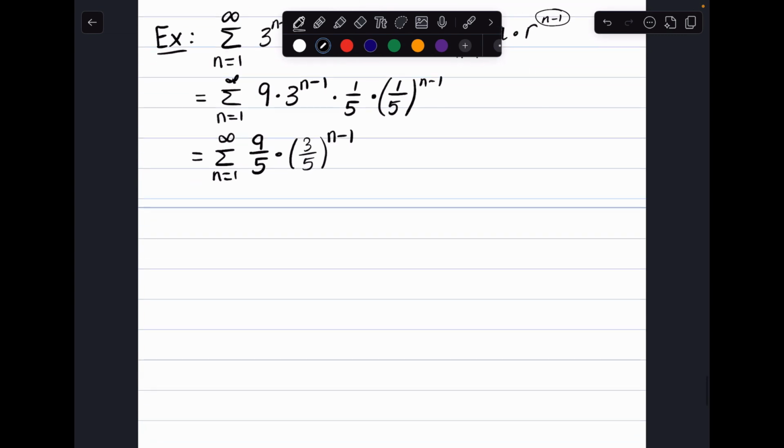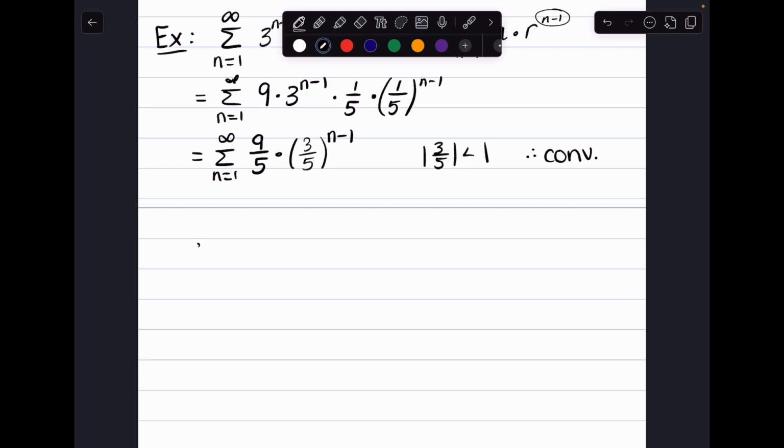Now at this point, I can identify that my a is 9/5 and my r is 3/5. 3/5 for sure is within the required bounds to be convergent, so absolute value of 3/5 is less than 1. So we have that this series is going to be convergent.